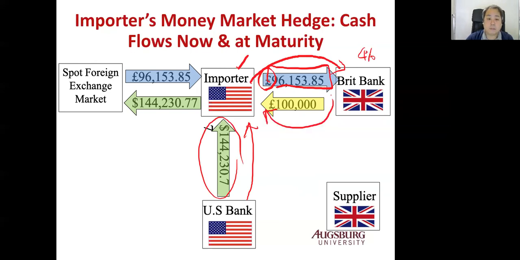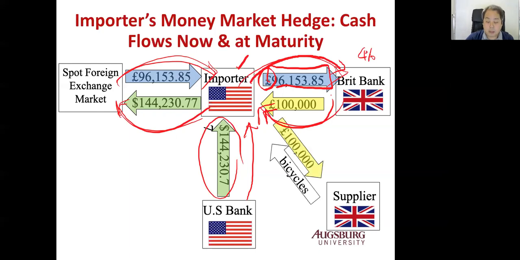You pay the 100,000 pounds to the supplier and receive the goods. One year later, you pay $148,557.69, the money that you eventually pay to the United States bank.